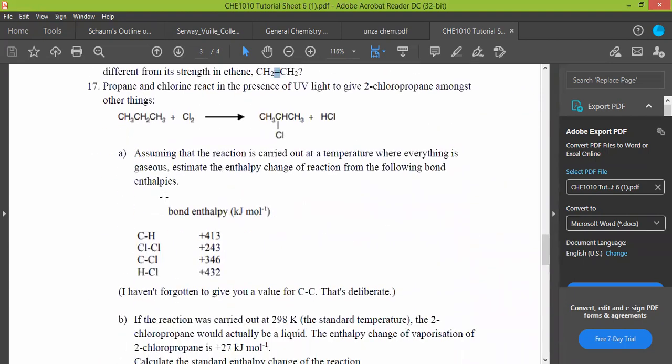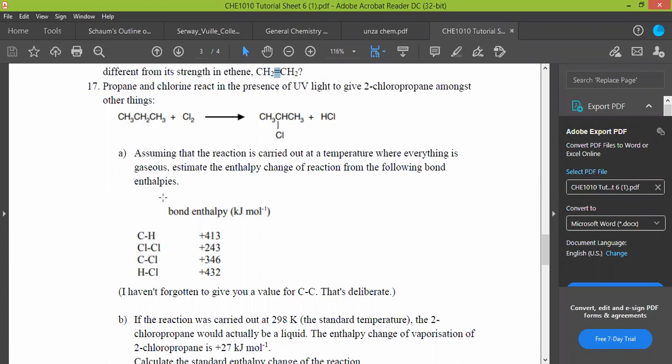All right, 17. Propane and chlorine react in the presence of UV light to give 2-chloropropane among other things. So there is a given chemical equation, assuming that the reaction is carried out at a temperature where everything is gaseous.